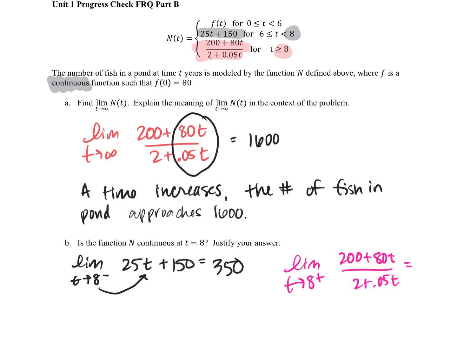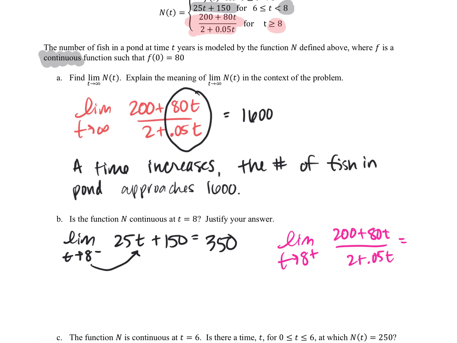What'd y'all get? Did we get 350 again? That's convenient. So as I approach t from the left and the right, and as t is 8, is that also 350? We get to say yes because t is 8 at that exact same equation.